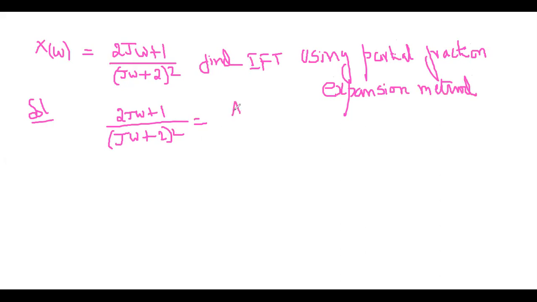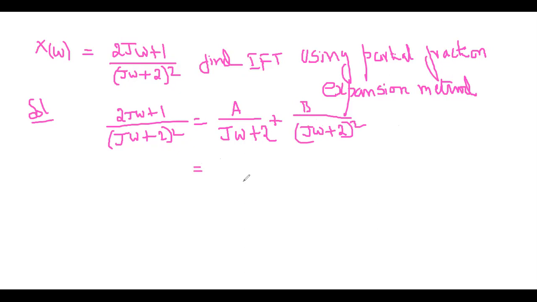So it is a by j omega plus 2 plus b by j omega plus 2 whole square. If it were a cube, the terms would be a by j omega plus 2, b by j omega plus 2 whole square, and another term with j omega plus 2 whole cube.